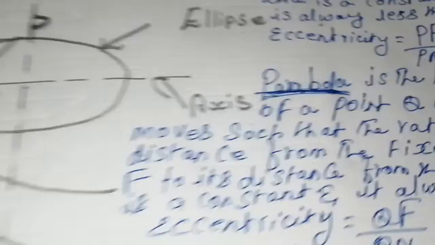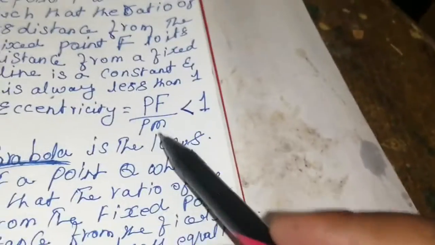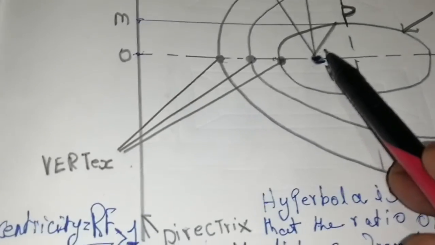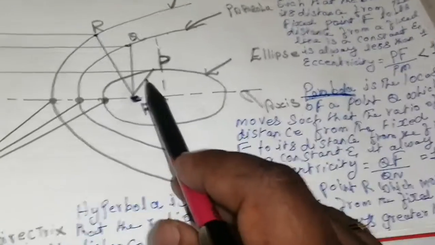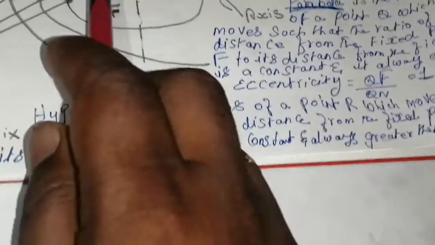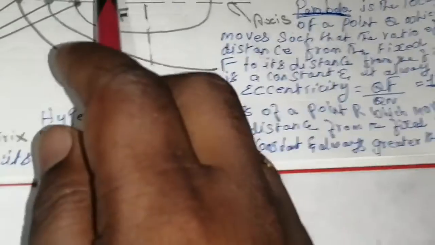So in an ellipse, PF by PM is lesser than 1. Then the second one is the parabola, QF by QN is equal to 1.